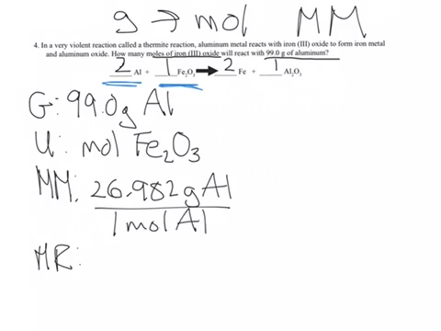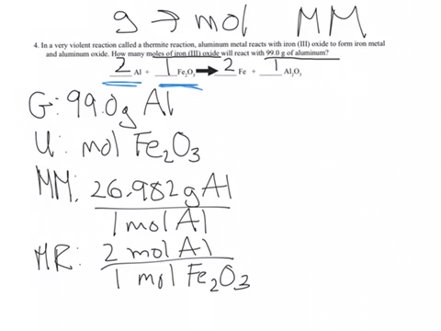And then the other thing that we needed to write down was our mole ratio, which we already took a little look at because we got our coefficients. So let's write that down for ourselves. For every 2 moles of aluminum, you need 1 mole of iron 3 oxide to react with it.